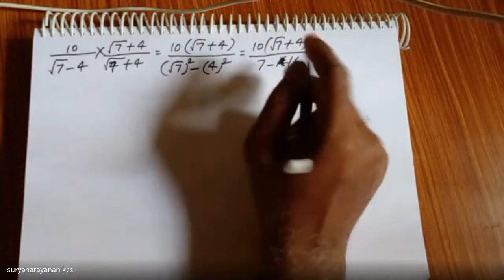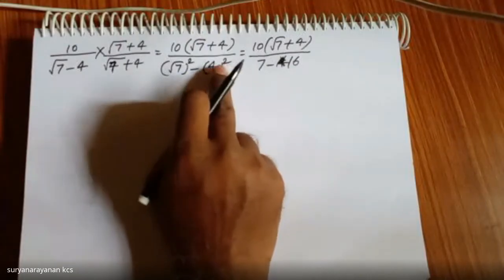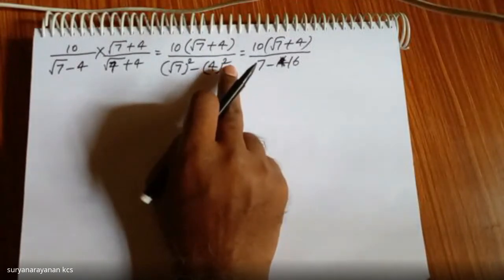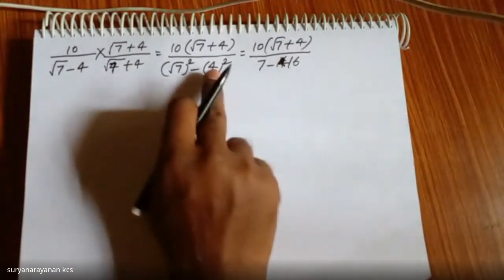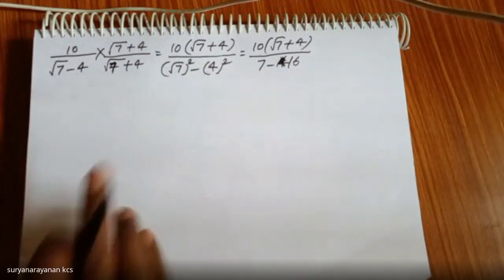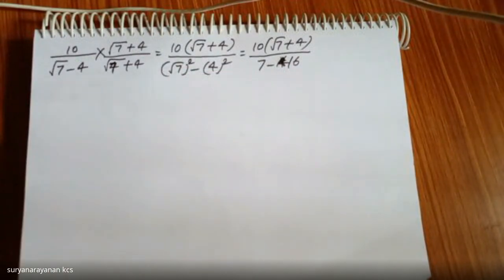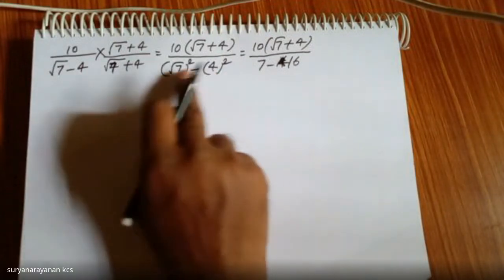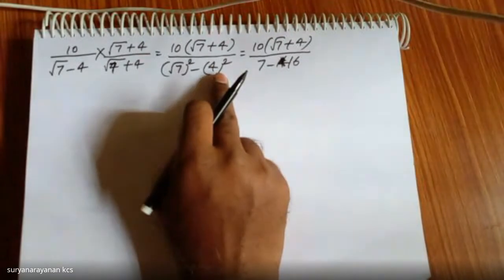It is not 4, it is 4 square, so 16 only, sir. Yes, my dear Bibina. That is why you have to concentrate. You have to observe the terms carefully.